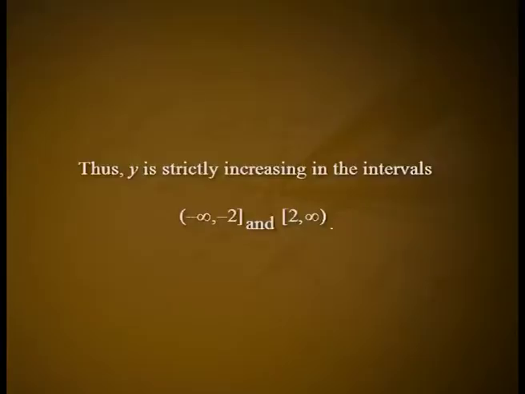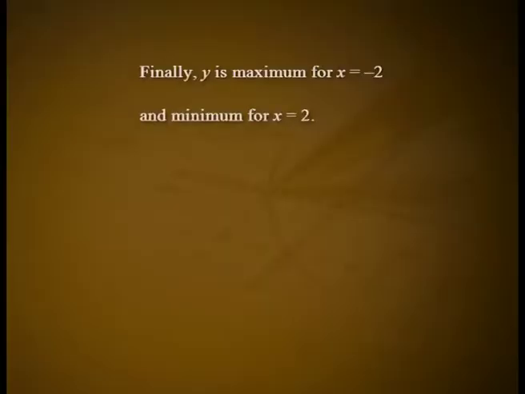Thus, y is strictly increasing in the left open interval (minus infinity, minus 2) and right open interval (2, infinity). Also, y is strictly decreasing in the closed interval [minus 2, 2]. Finally, y is maximum for x equals minus 2 and minimum for x equals 2.